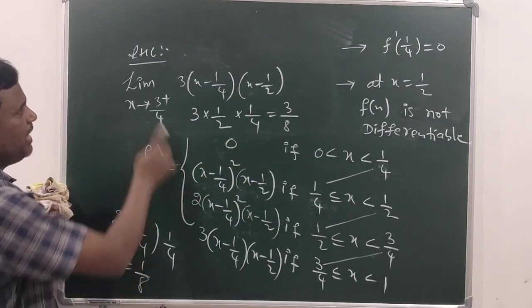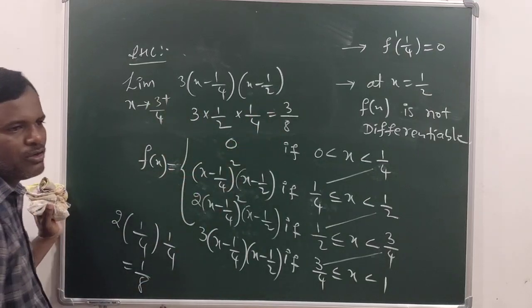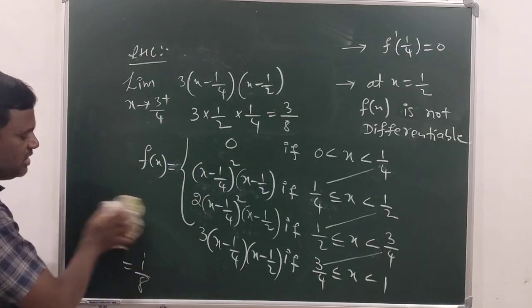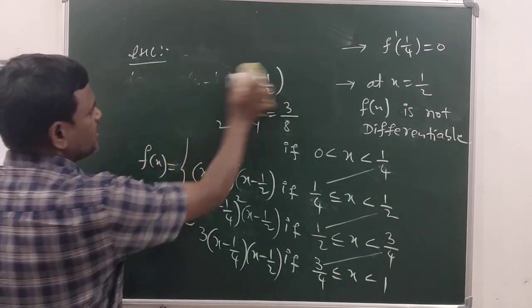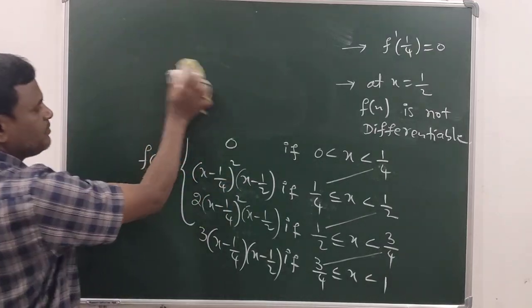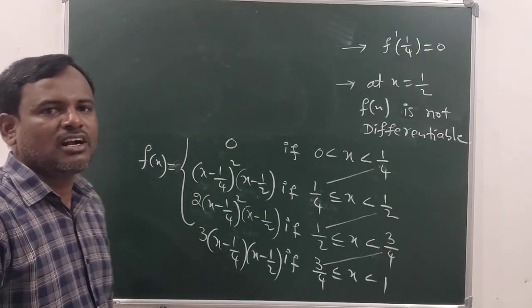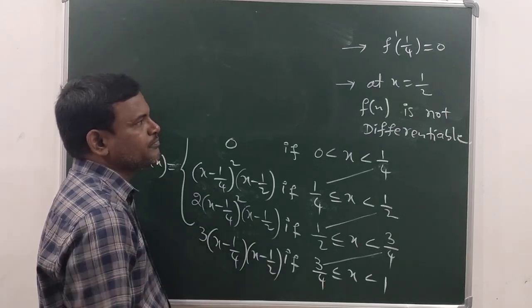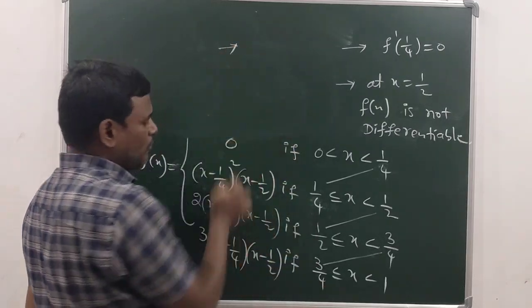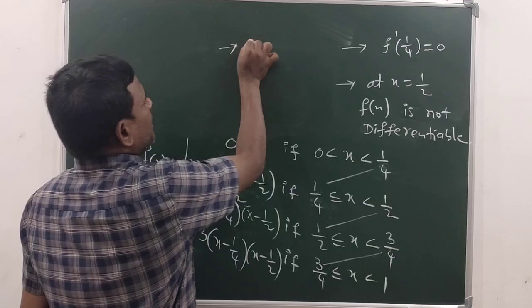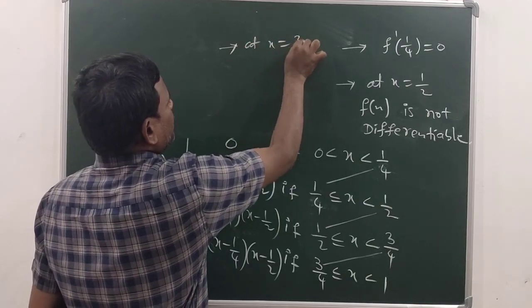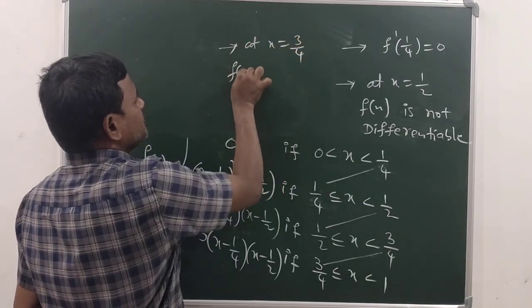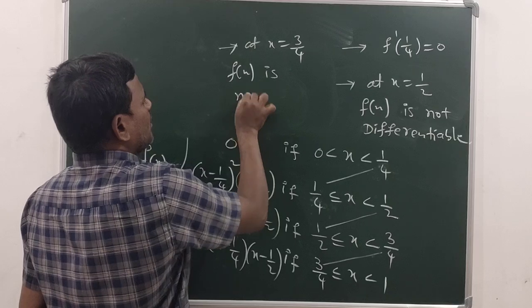Left hand limit is 1 by 8, right hand limit is 3 by 8. Both are not equal. Hence this function is not continuous at 3 by 4. What result have you found here? At x equal to 3 by 4, f of x is not continuous.